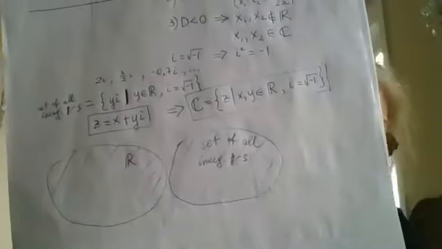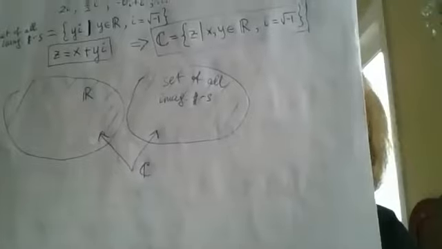And I'm going to shade them, so if you unite these two sets, which are both shaded, you will get set C. So practically, I can say that set C equals set R, and I can use the union symbol, and with the set of all imaginary numbers. This is what I wrote on the bottom.